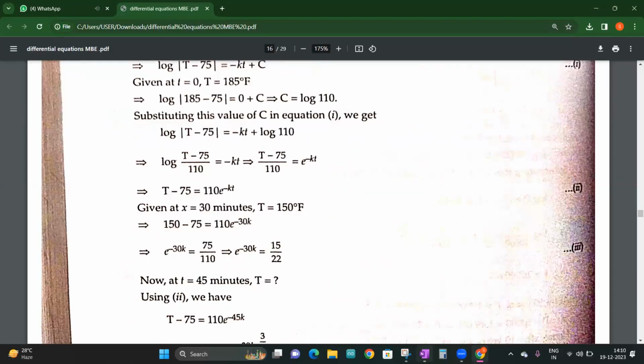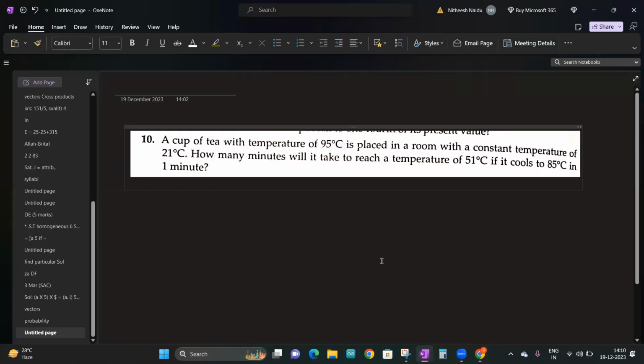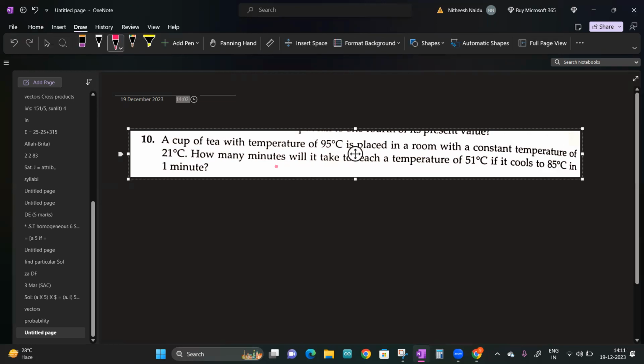Now we will move to the question part. So write down the given parameters. The given parameters are as follows. Room temperature, copy it. So write down room temperature T dash is equal to how much? 21 degrees centigrade.